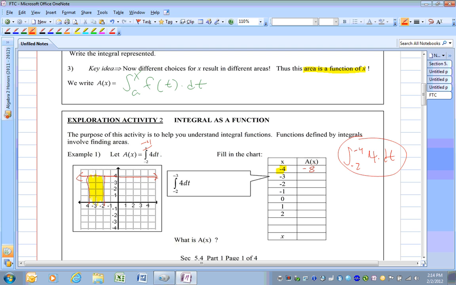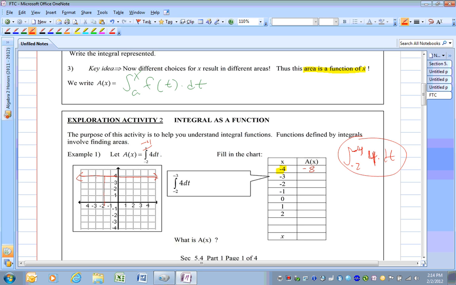Now if I do negative 3, so if I were to readjust this, that's 4 up here. Right here? That's 4, because that's your function.